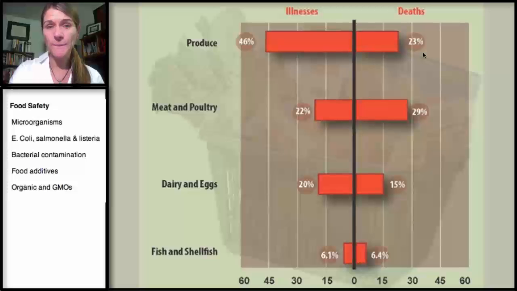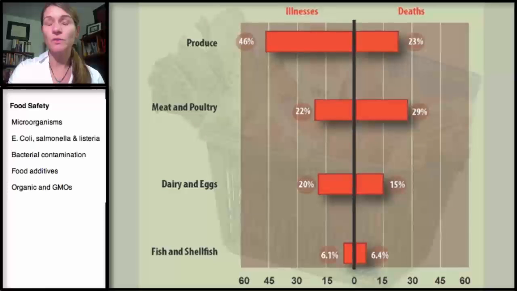Meat and poultry, so we do have pork in here too, 22% of illnesses, but look at this, a greater cause of death. So half the illnesses were from produce, which is a little bit concerning, but there's basically a greater risk of death from the bacteria in meat and poultry. So the bacteria in meat and poultry tend to be more deadly.